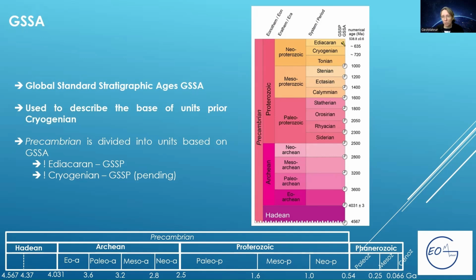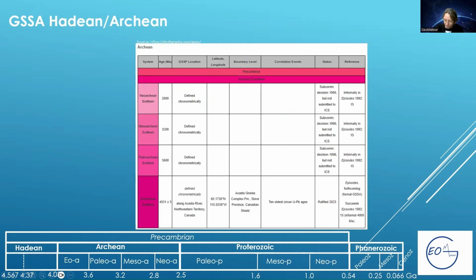It means that it's not ratified at this moment. But look at the chart, you can see the icon of a clock, I think. It means that the bottom of this unit is based on GSSA.